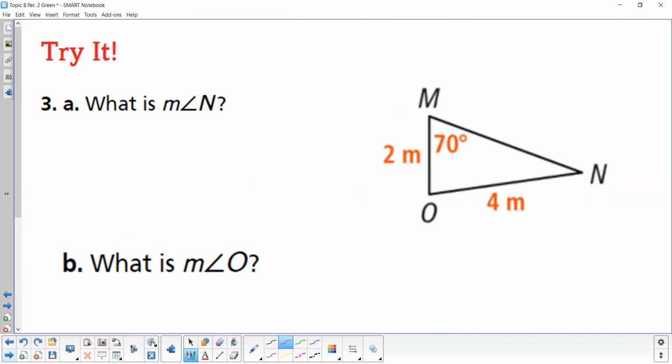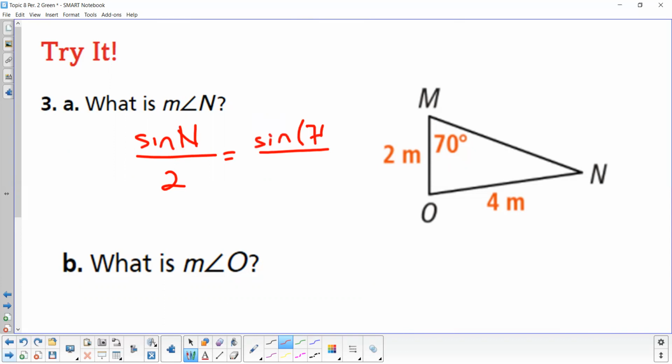Check it. We're going to get angle N. Guess what we're going to use? The law of sines, but we're going to have to eventually do an inverse sine. So check it out. I'm going to start with sine of N over, what's the length of the side across from N? 2 equals, tell me what your instincts say the right side should be. 70.